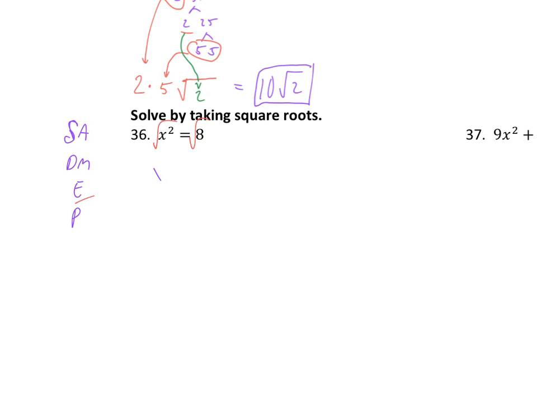Now, whenever you square root, you make sure you put that plus minus in there. There's 2 answers to that question. And then we are going to simplify the square root of 8, which is 2 times 4, which is 2 times 2. Pair of 2s and lonely 2. So that means x is equal to positive or negative 2 radical 2. So that 2 came out. That 2 stayed in.